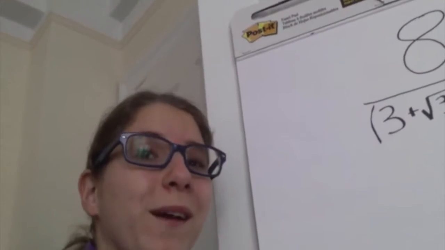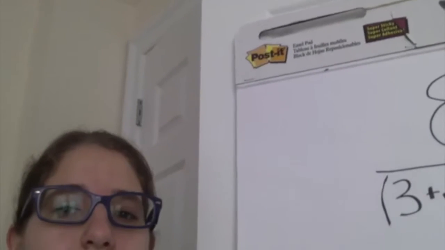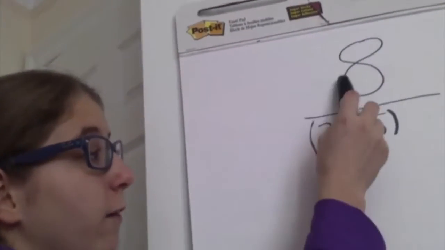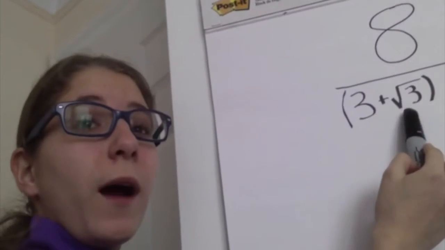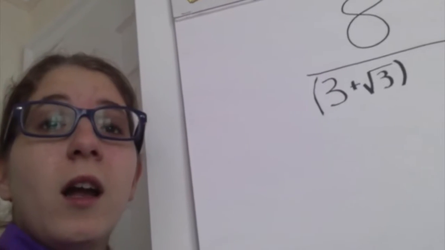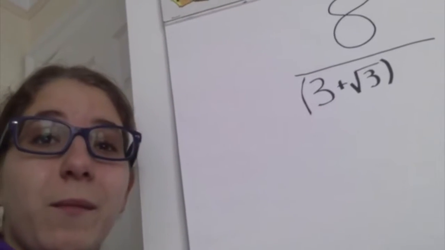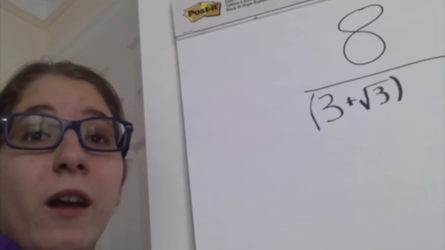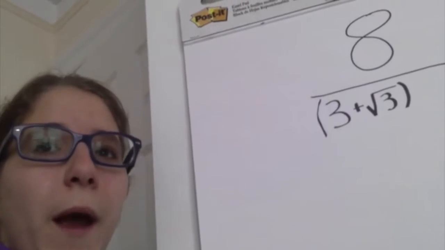This last problem may look difficult, but we'll take it step by step to simplify it together. To simplify the fraction 8 divided by 3 plus radical 3, you recognize that you have to rationalize the denominator because it has a radical in it. To do this, we will multiply the denominator by something called its conjugate pair.